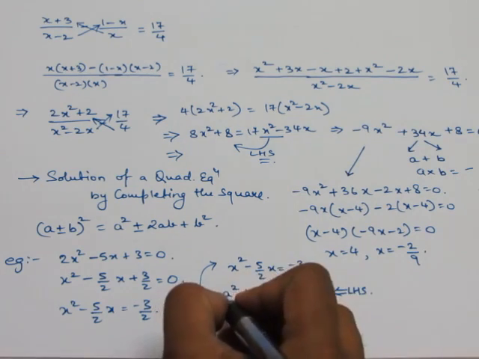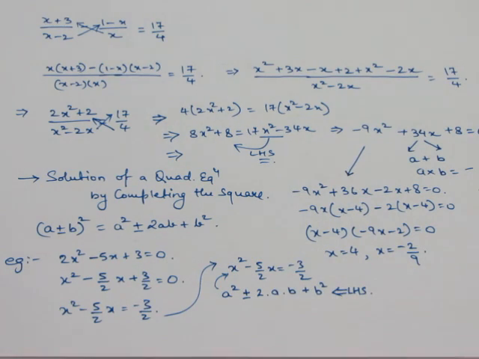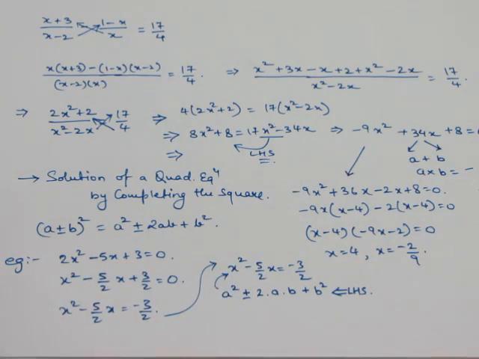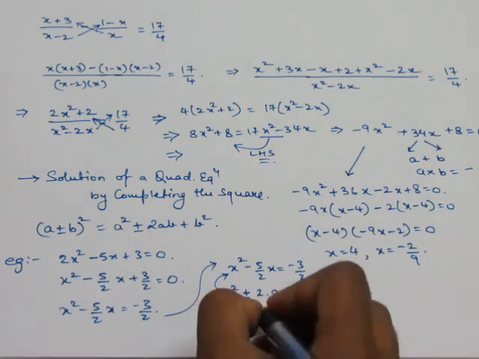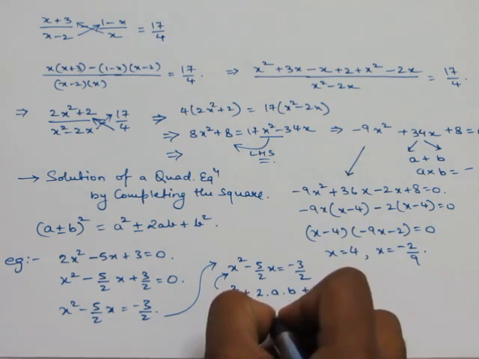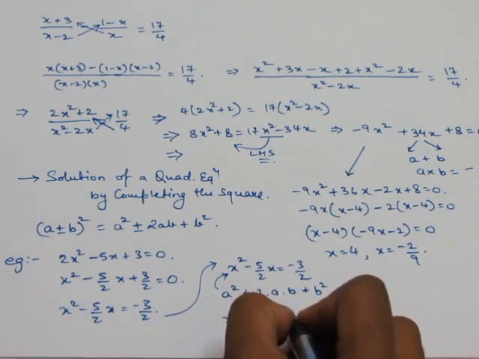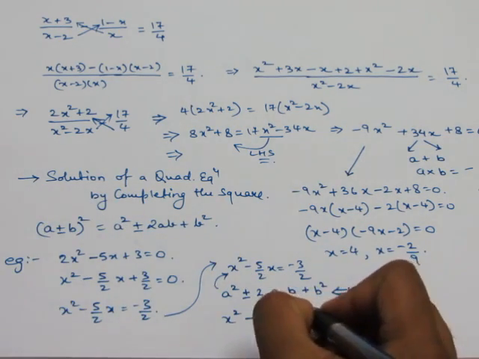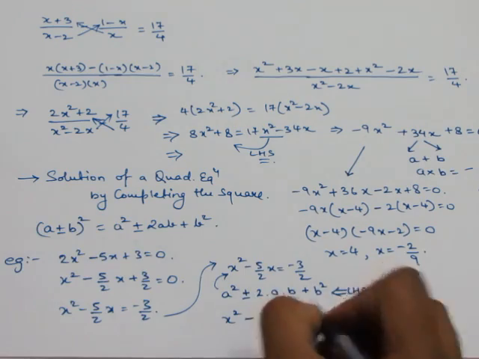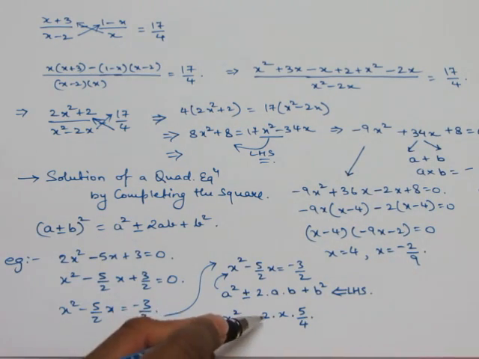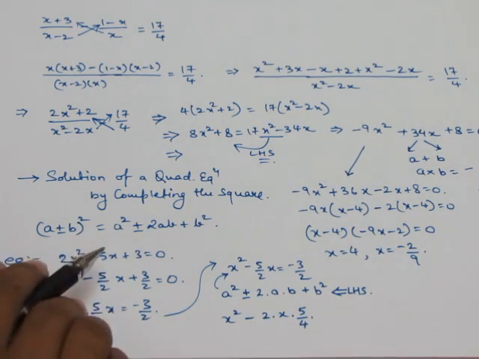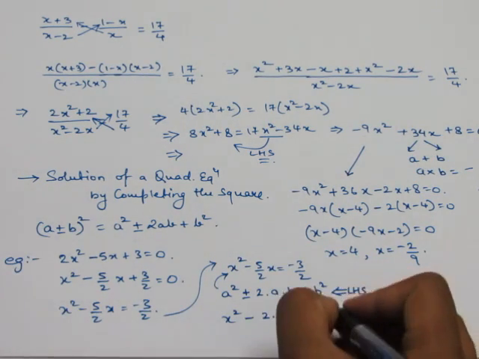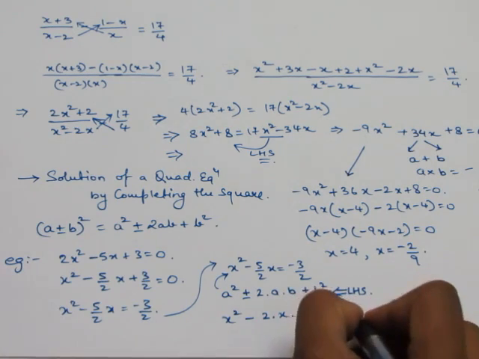In order to make this, I have a equals x. I'll multiply and divide this by 2. So I'll write x square, now I have minus 2 into x into 5 by 4, so I can cut it with 2 and I'll get minus 5 by 2x, is equal to minus 3 by 2.